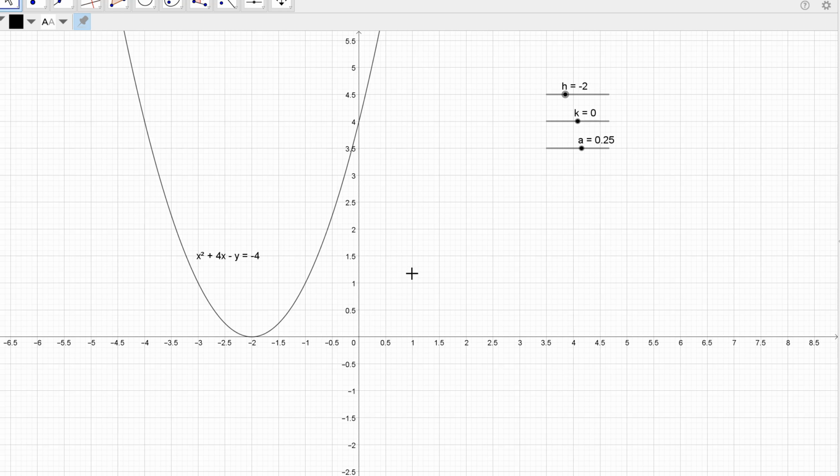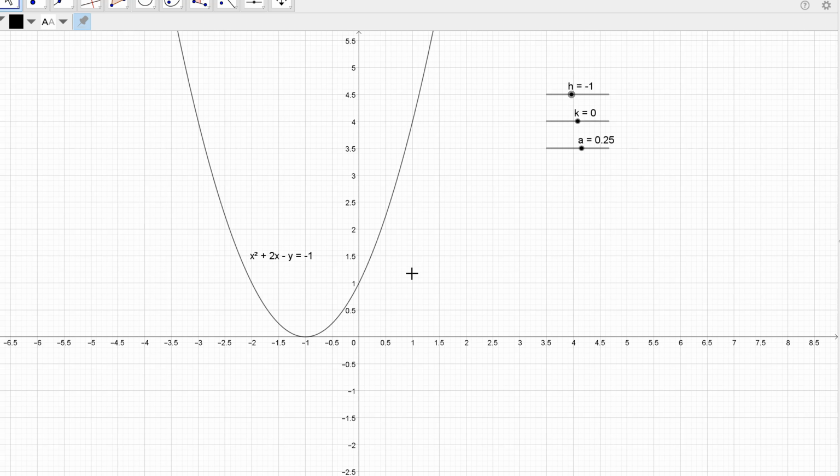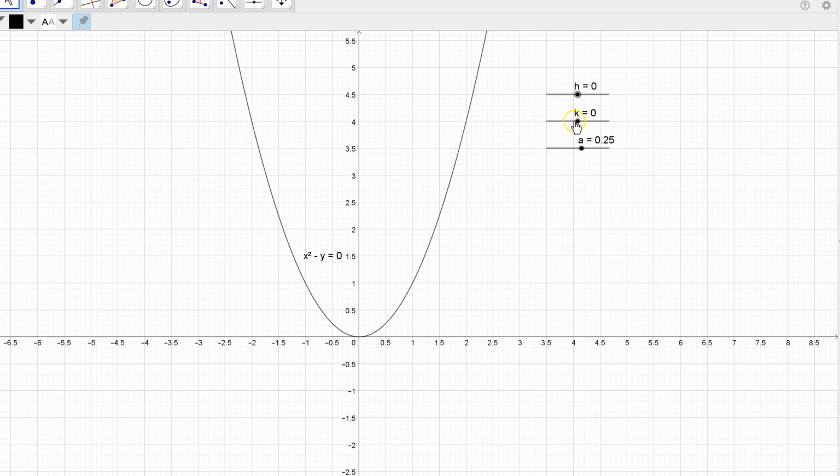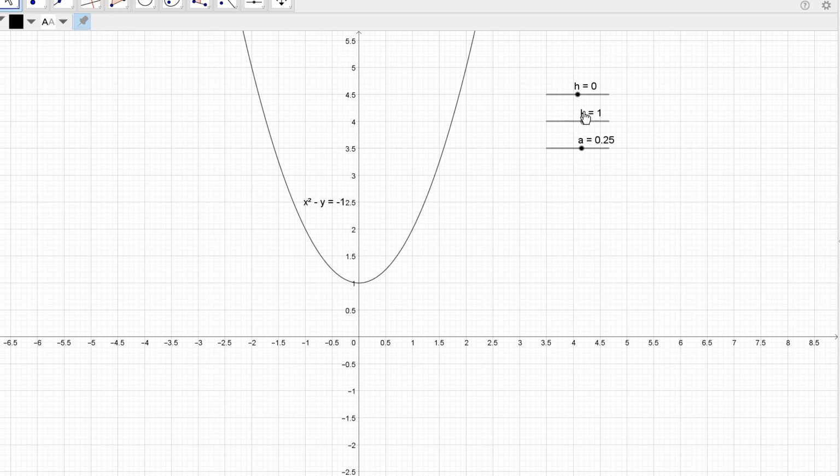And if I go back to the origin here and change the value of k, then if k is 1, the parabola is shifted up. If we look at this equation here, I need you to think of it as x squared equals, and I'll shift the y over to the other side, so I've got y minus 1.